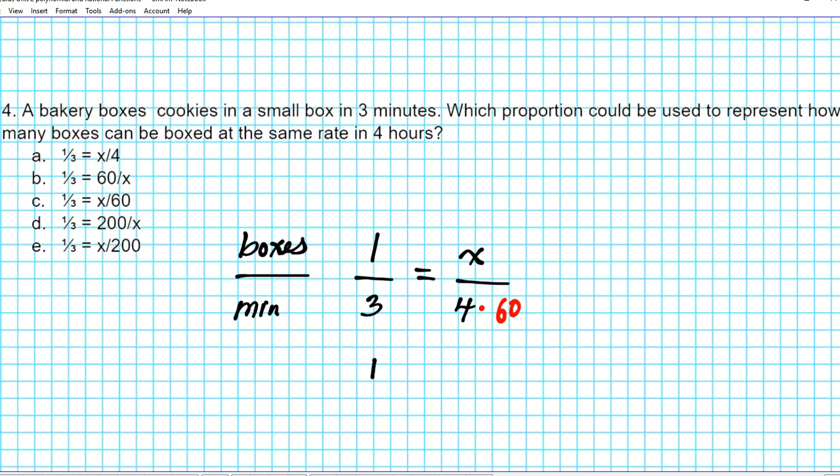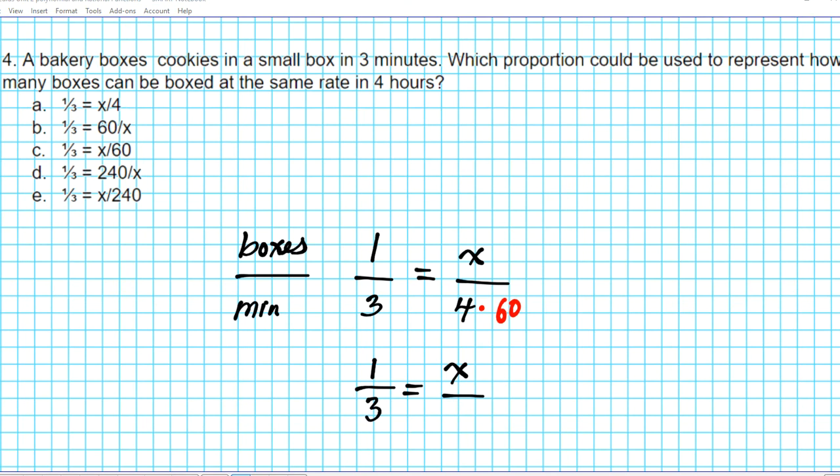Okay, so that's going to give us the proportion 1 over 3 equals x divided by, and that gives us 240. Okay, so bottom line, you want to remember to convert your units anytime you have inconsistencies with your units, because we have minutes here and hours. So since we're working with boxes per minute, we have to remember to change 4 hours into minutes. Answer to number 4 is option letter E.